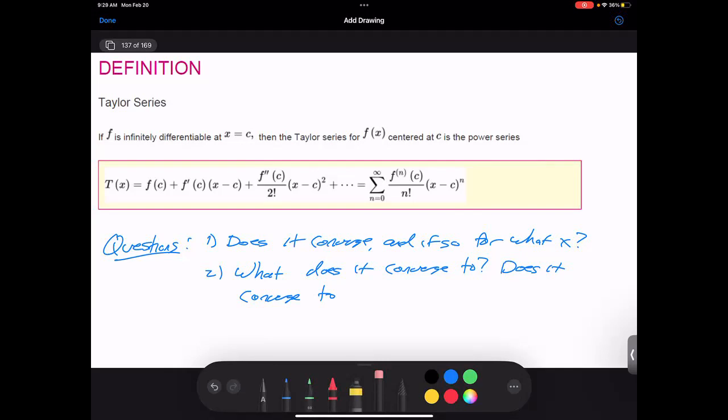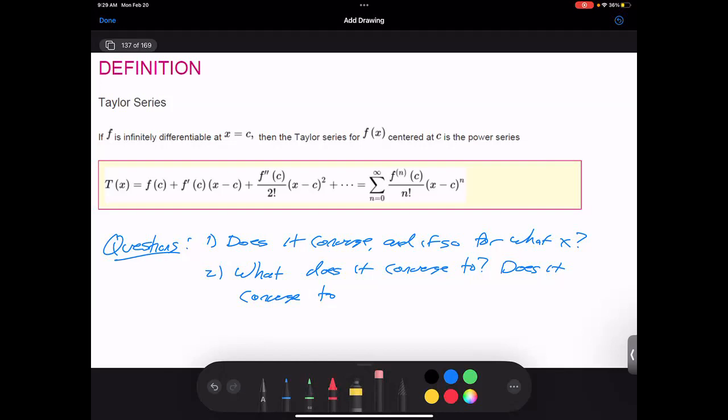Do you want it to converge to cosine of 13x minus sine of exponential of x? Okay, so what would you like it to converge to? Well, T of x is that infinite sum. What would you like T of x to converge to? What function?